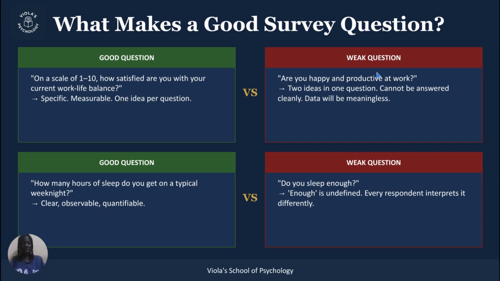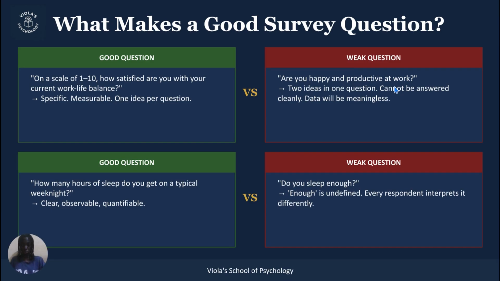Now, let's compare it to this weak question over here, which is: are you happy and productive at work? You see that this has two ideas in one question. Assuming if someone says no, okay, your survey has options: yes, no, maybe, something like that, right?